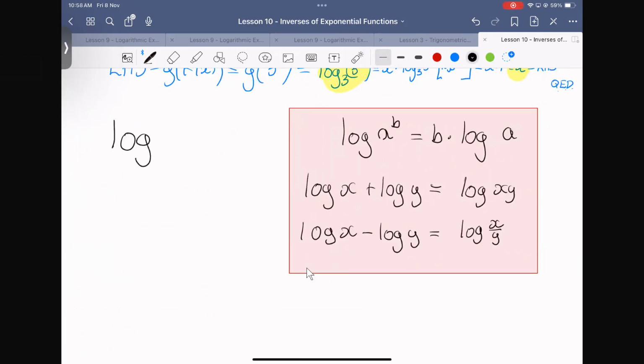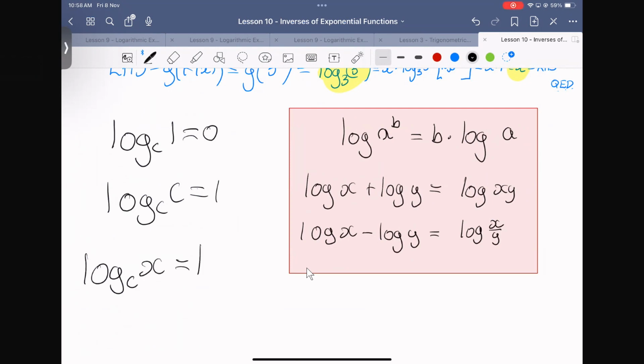Let's add the change of base one as well. So log base c of 1 is equal to 0. Log base c of c is equal to 1. And log base c of x is equal to what? Well, we can write this in any base as log of x over log of c.